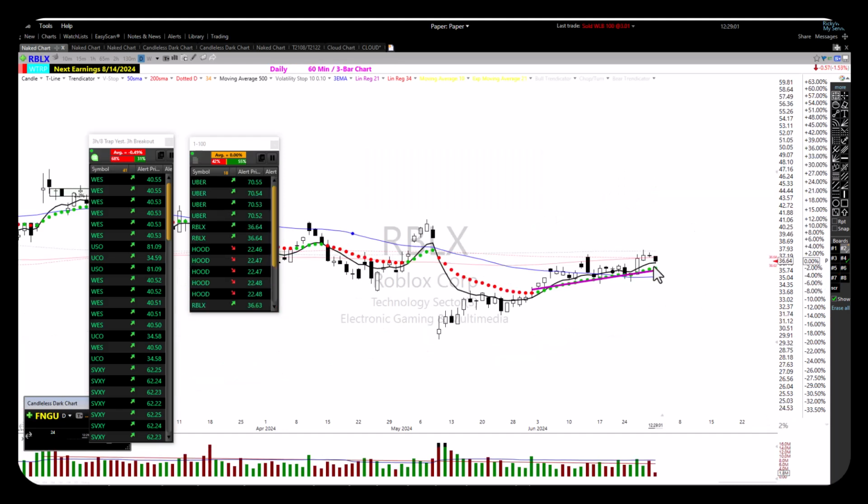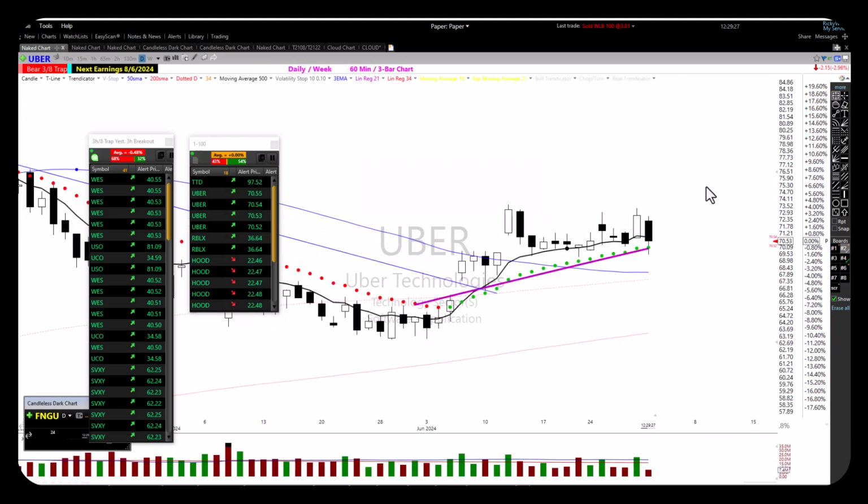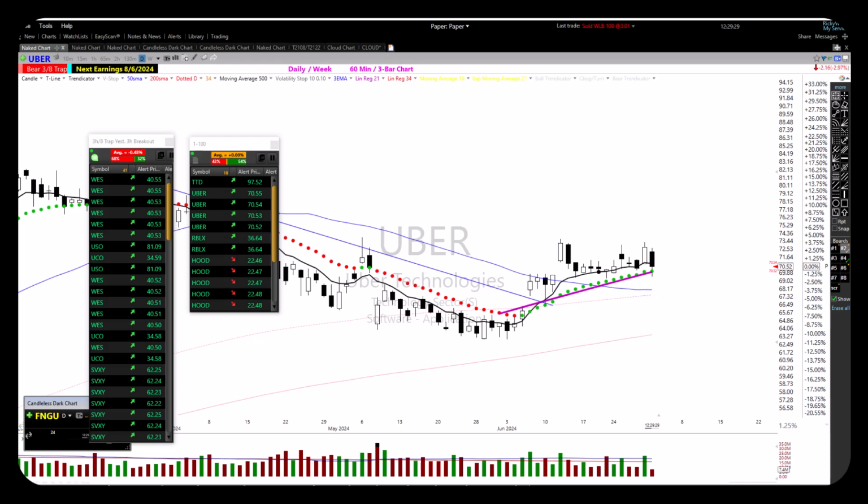Here's Roblox. It's still meeting everything in my criteria that I would want, such as the market is still trending. You can see my trend here is still up. You can see we're up and back. That's just what I want. Now, the only thing this doesn't have is that bullish candle or maybe that breakout. Uber, look at Uber here. So Uber still meets my criteria.